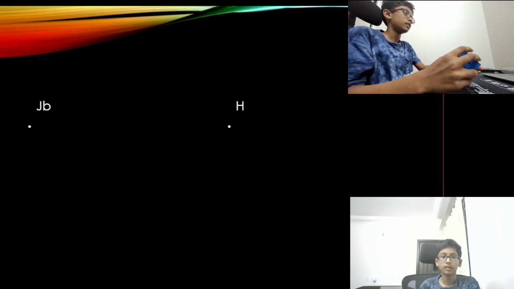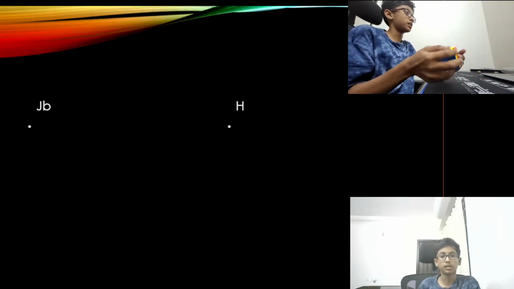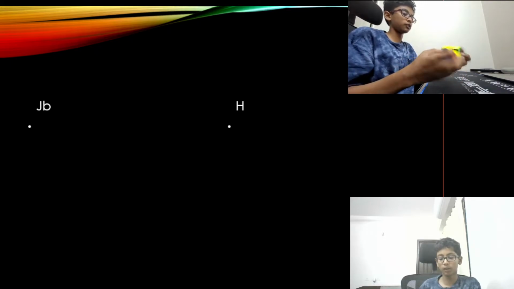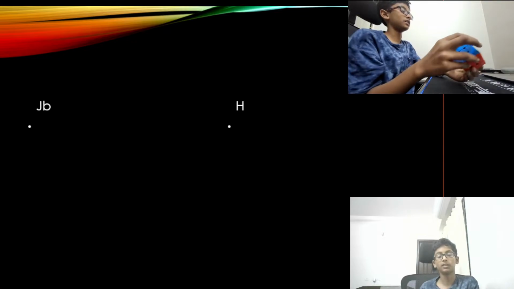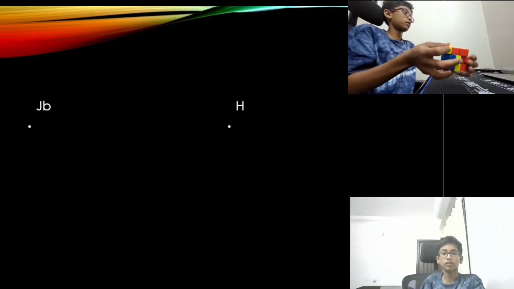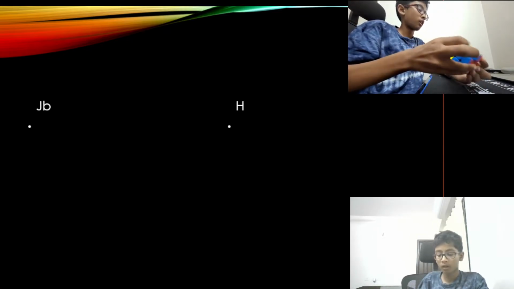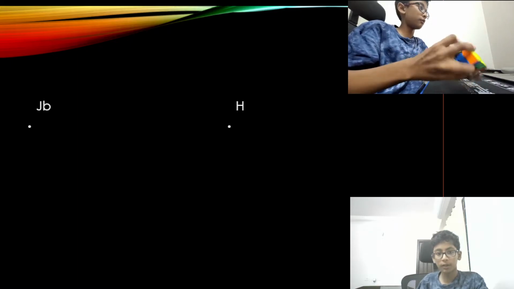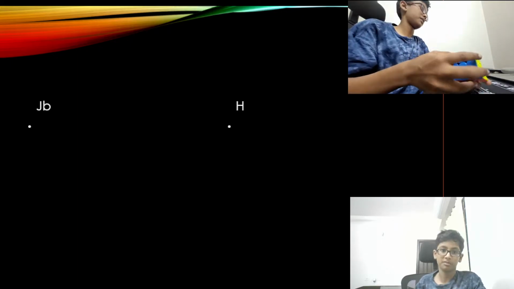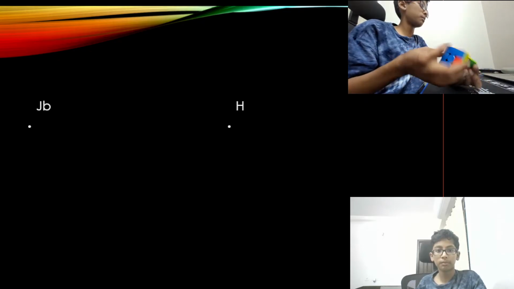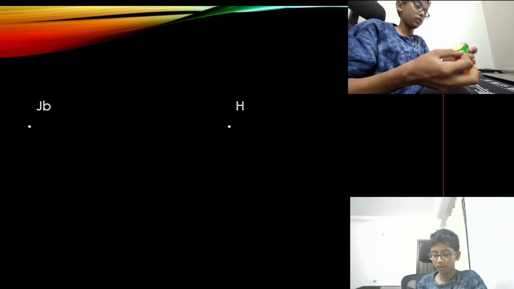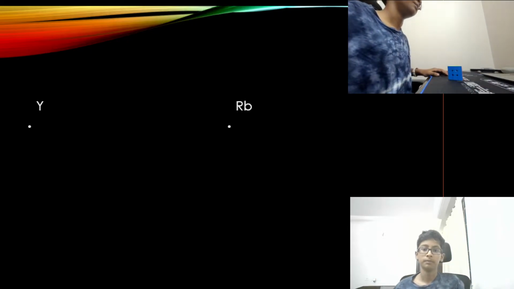But Jb is easy to learn, and for the fingertips it's not bad, especially if you do a really slow one. But Jb, when you do this, I know when you do it slow, it's very good, but it's easy to lock up on this last step when you insert it back in. That's why I'll choose H in this one.